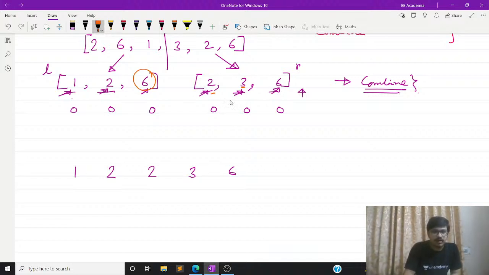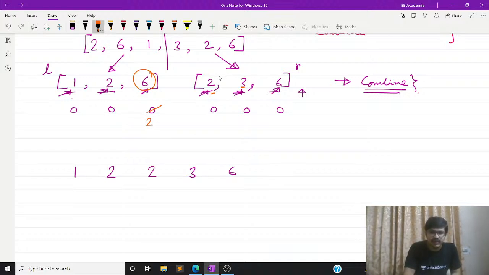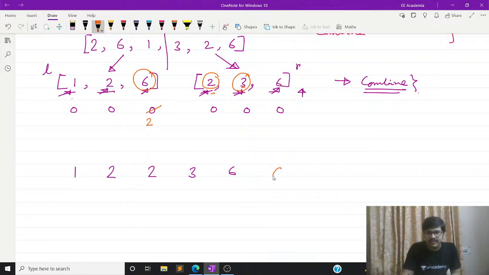From this array we have already put 2 and 3, which are smaller than this element 6, in this array. So you know that there are two smaller elements than this 6 in this right half, and then you finally increment this by 2 because there are two smaller elements here, 2 and 3, and you finally put this element 6 into this array.